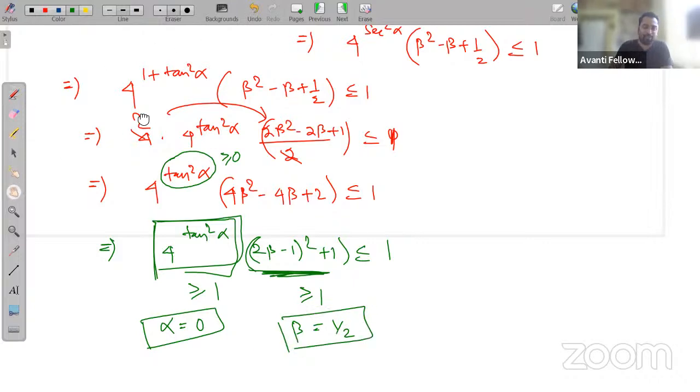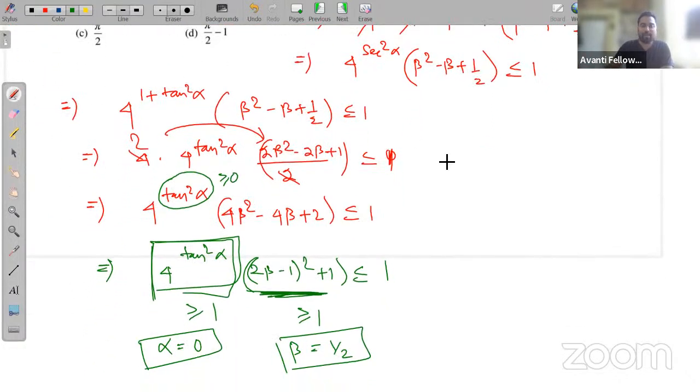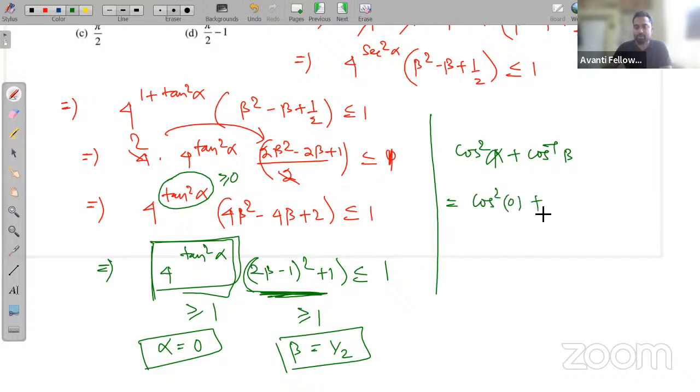So what we need to find is cos square alpha plus cos inverse of beta. Okay. So this is equal to cos square of 0 plus cos inverse of 1 by 2. So cos 0 is 1 plus cos inverse of 1 by 2 is pi by 3.